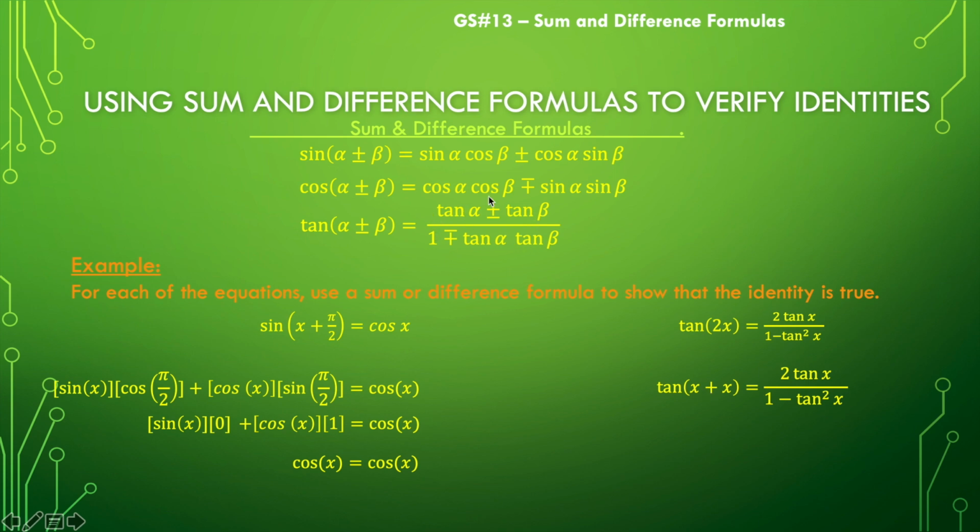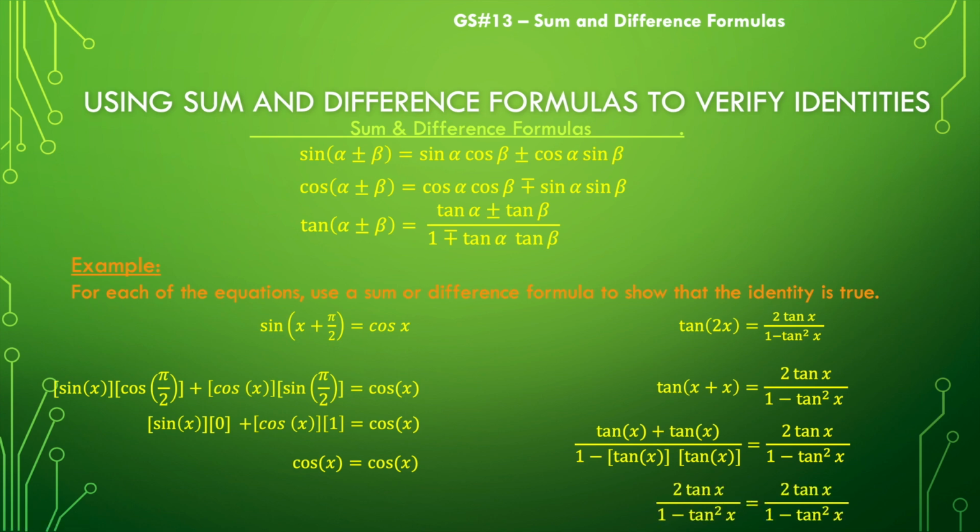Okay, so I'll use this tangent sum formula, which means I'm going to use the top signs, and I can say, well, if I am expanding tangent of x plus x, well, that's tangent of x plus tangent of x divided by 1 minus tangent of x times tangent of x. All right, well, now let's combine like terms. Tangent of x plus tangent of x, well, that's 2 tangent of x, right? And tangent of x times tangent of x is tangent squared of x. So I'm exactly where I want to be.